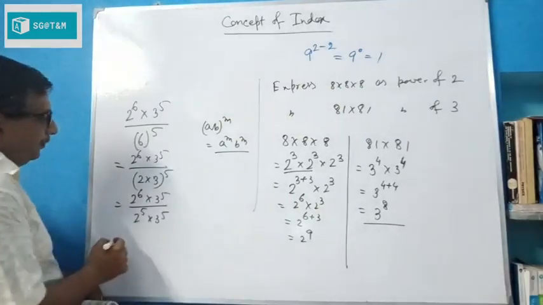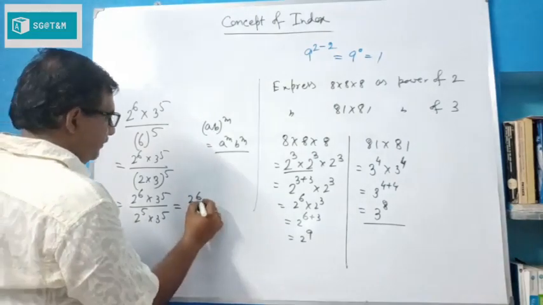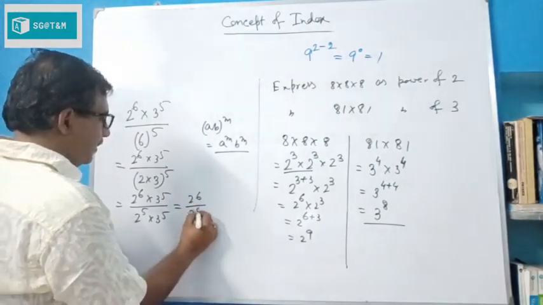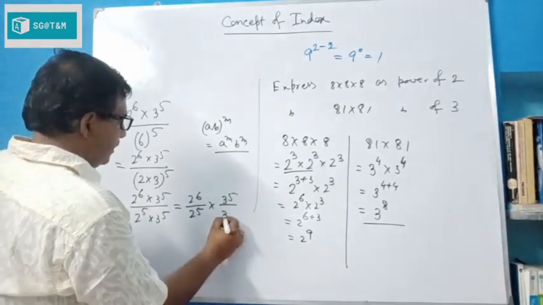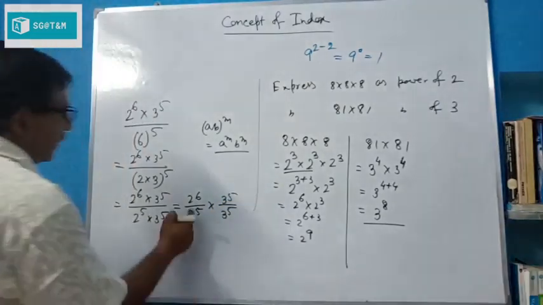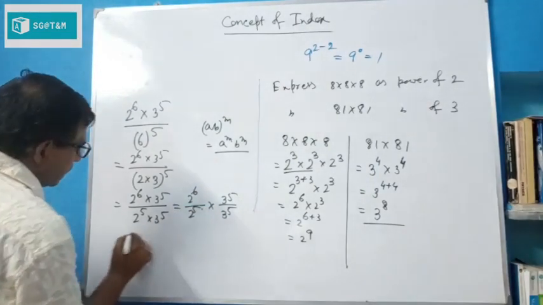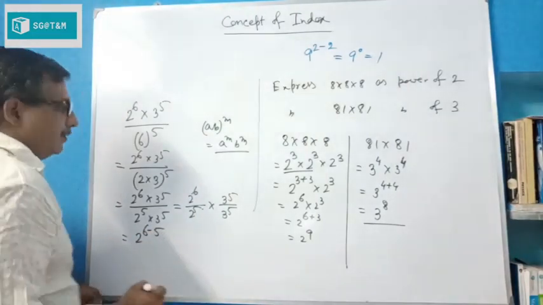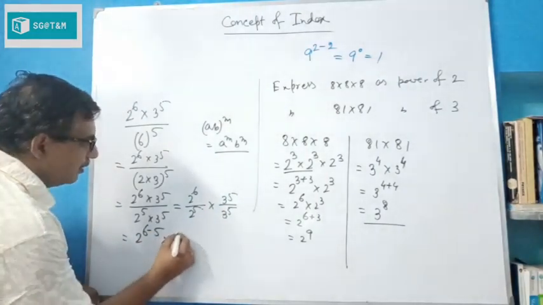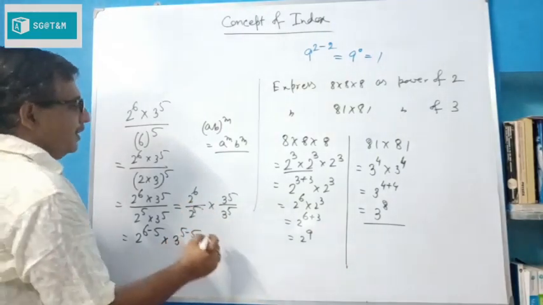Now express in this way, 2 to the power 6 divided by 2 to the power 5, and 3 to the power 5 by 3 to the power 5. Now it will be 2 to the power 6 minus 5, and 3 to the power 5 minus 5.